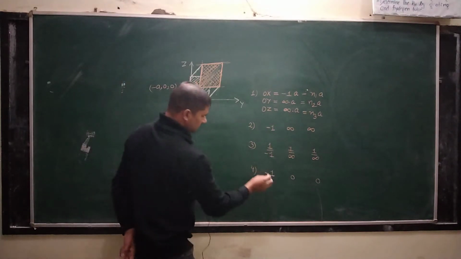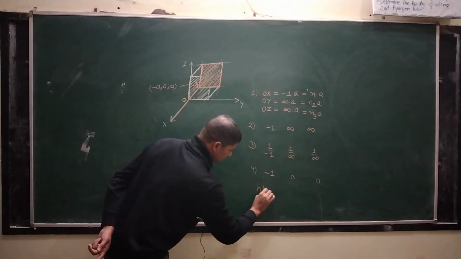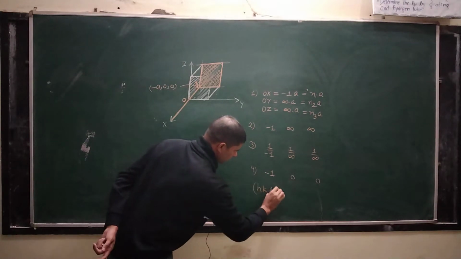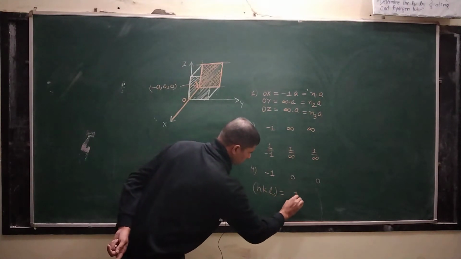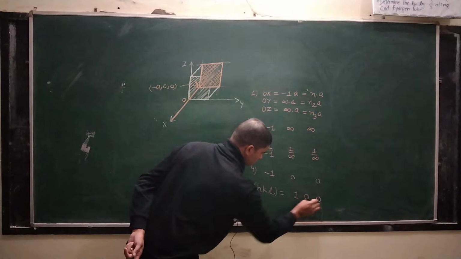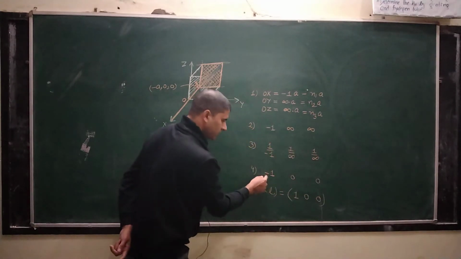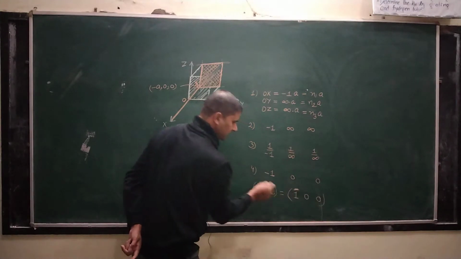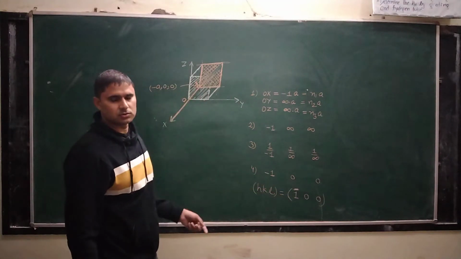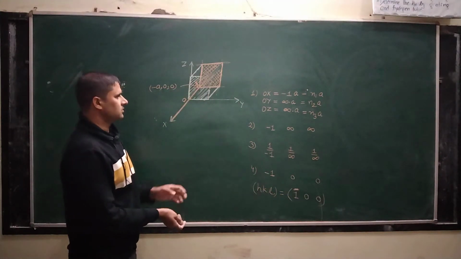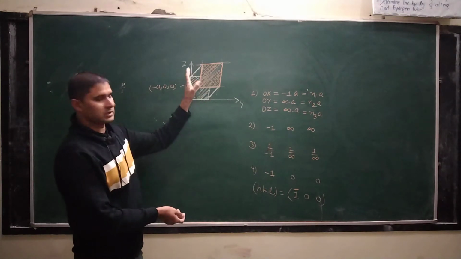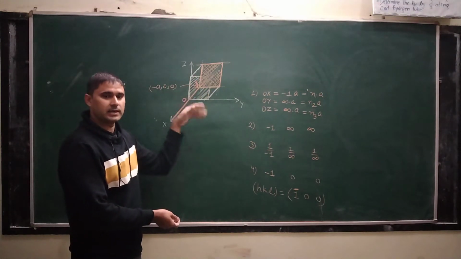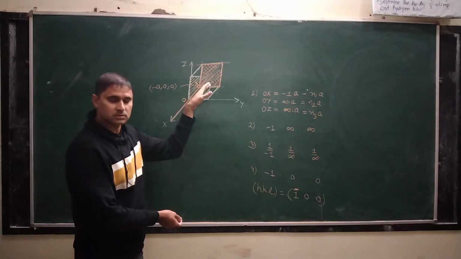So for this face the Miller indices HKL will be equal to 1, 0 and 0, okay. And when you write minus, then you will put a bar on that particular index. So this is how you can represent the Miller indices for a face which is cutting any axis on the negative side.